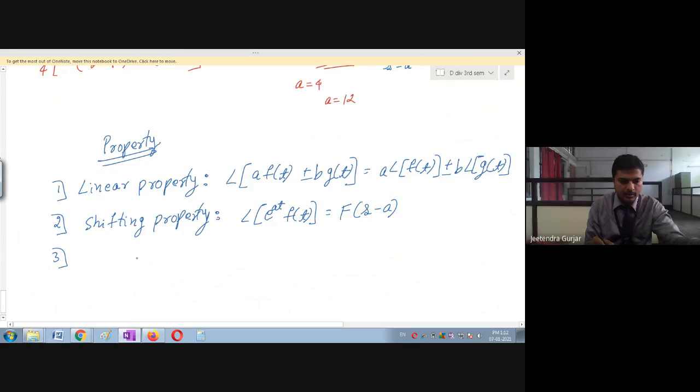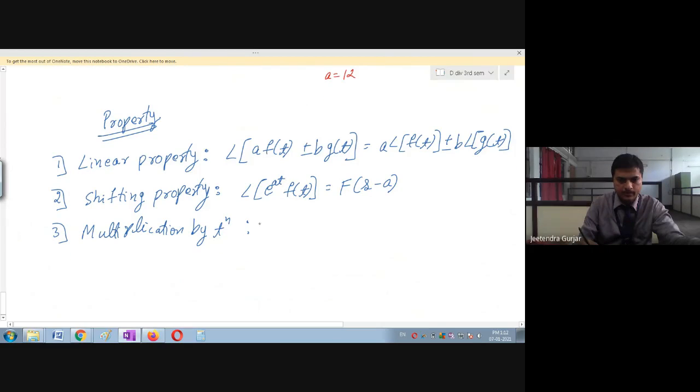Okay students, and the next property is very very important again, so please note it down properly. So the next property we have is multiplication by t raised to n. So we can see Laplace transform of t raised to n multiplied to f of t.